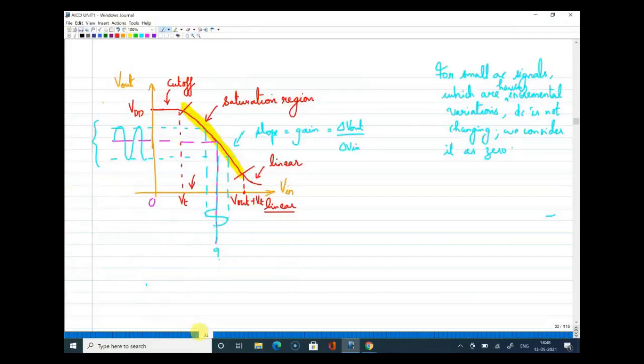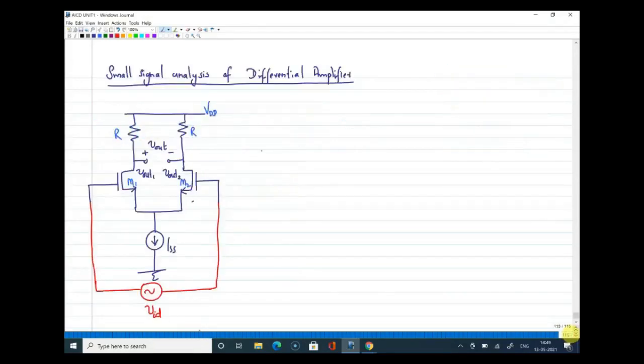Now, the same thing I am just drawing in a different way, or connecting in a different way, by keeping one signal here, grounding it, in this form, and I am writing this as Vid by 2 and this as minus Vid by 2. So what is the differential voltage available here? Vid by 2 minus Vid by 2, which is equal to Vid, right?